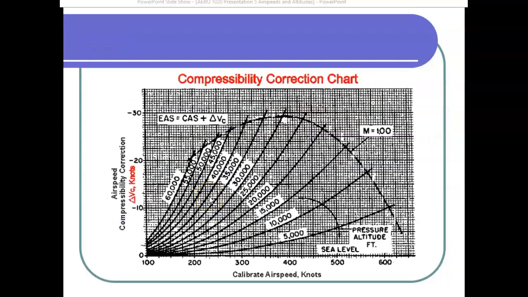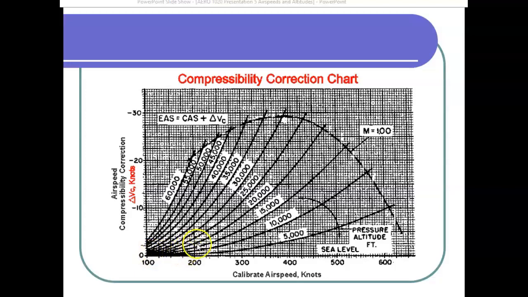Compressibility also becomes a problem at higher altitudes in addition to airspeeds above 200 knots. As you can see, below 200 knots at the lower altitudes, there's very little difference between calibrated airspeed and equivalent airspeed.